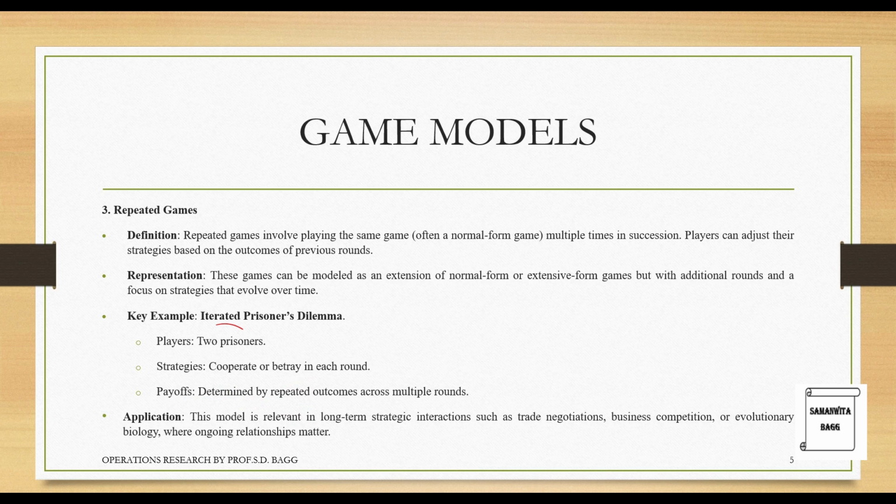So once you have many rounds of question-answer sessions, you will come to know whether the truth or the lie is still going on and which player decides to betray, or if the two of them decide to constantly remain in the same cooperative sync and go till the end. So you would get to know the results. Application: this model is relevant in long-term strategic interactions such as trade negotiations, business competition or evolutionary biology, where ongoing relationships matter.